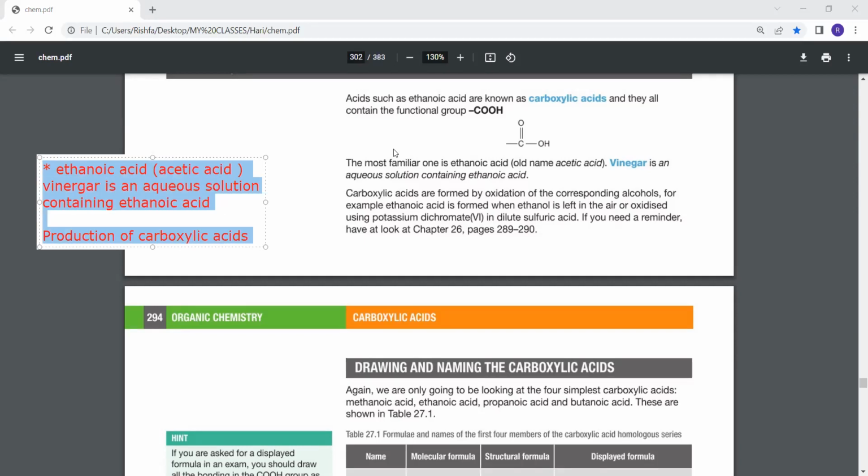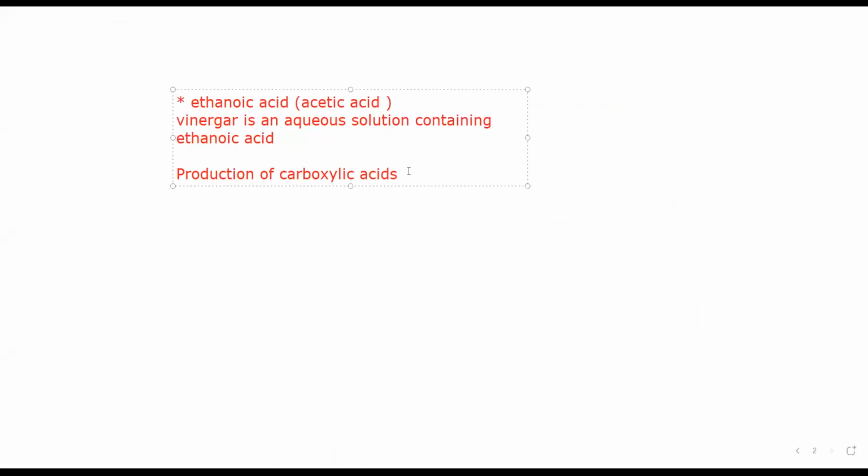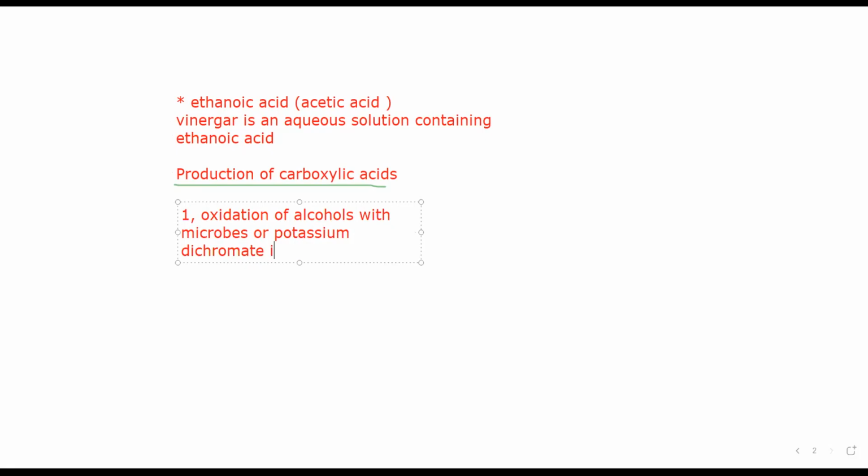By oxidation or combustion? How can combustion give carboxylic acid? Combustion only gives carbon dioxide. Hydration only gives alcohols, no dear. So it's only made from oxidation. Oxidation of alcohols with microbes or potassium dichromate in dilute sulfuric acid.